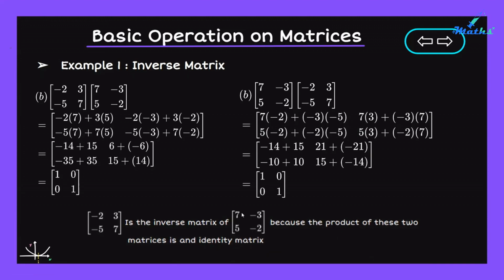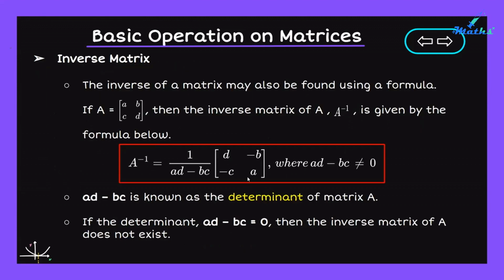And then next, the inverse matrix of a matrix may also be found using a formula. If A is ABCD, then the inverse matrix of A, A minus 1, is given by the formula below. A minus 1, which is the inverse matrix of A, is equal to 1 over AD minus BC. And inside also changes.